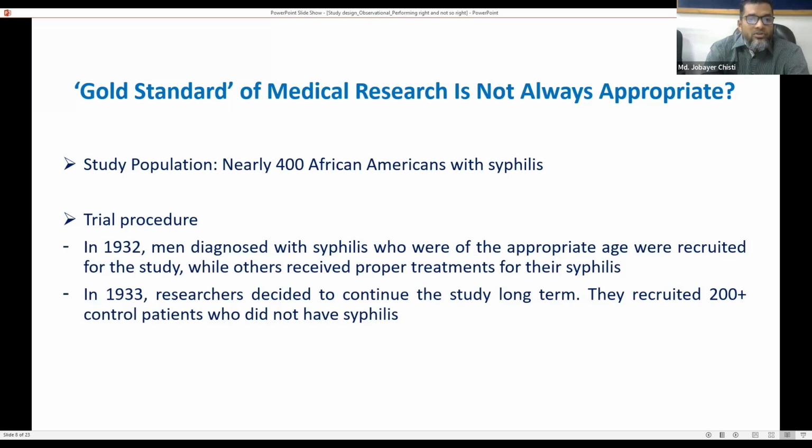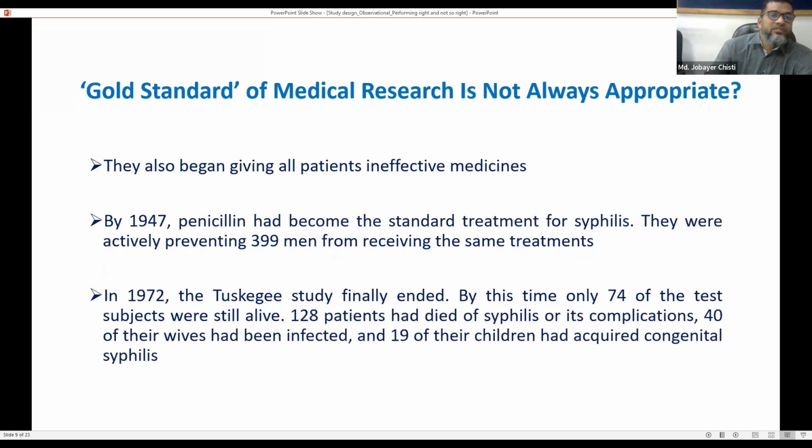They recruited control patients who also didn't have syphilis. They also began giving all patients effective medicines, but by 1947, penicillin had become the standard of treatment for syphilis. They were actively preventing 399 men from receiving the same treatments.